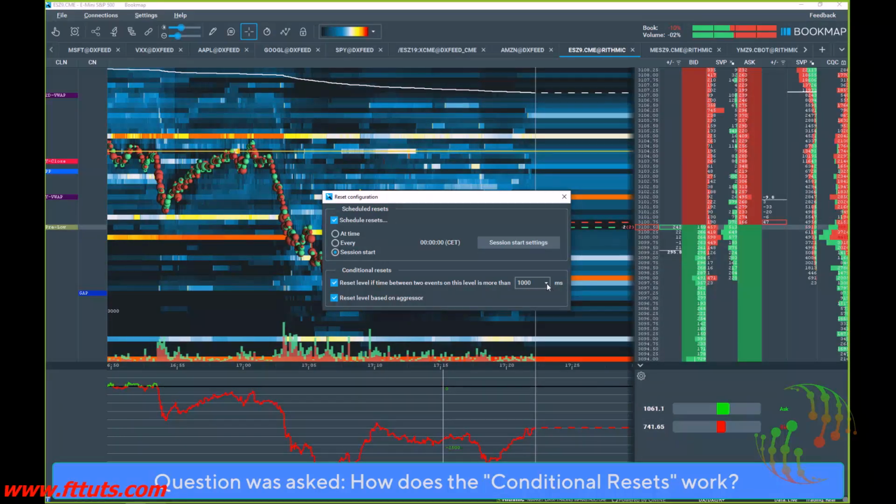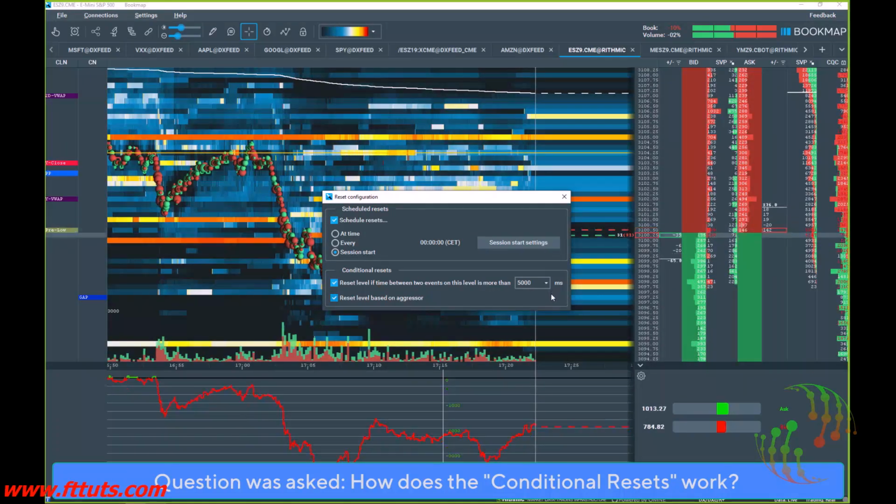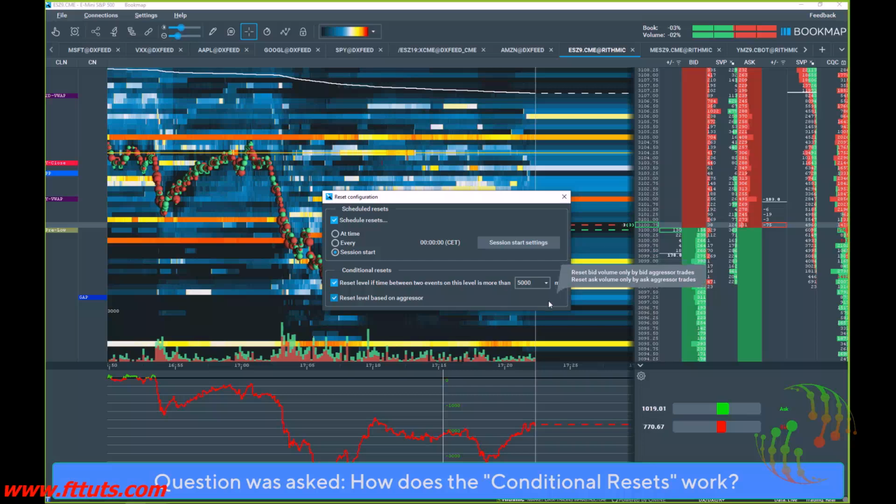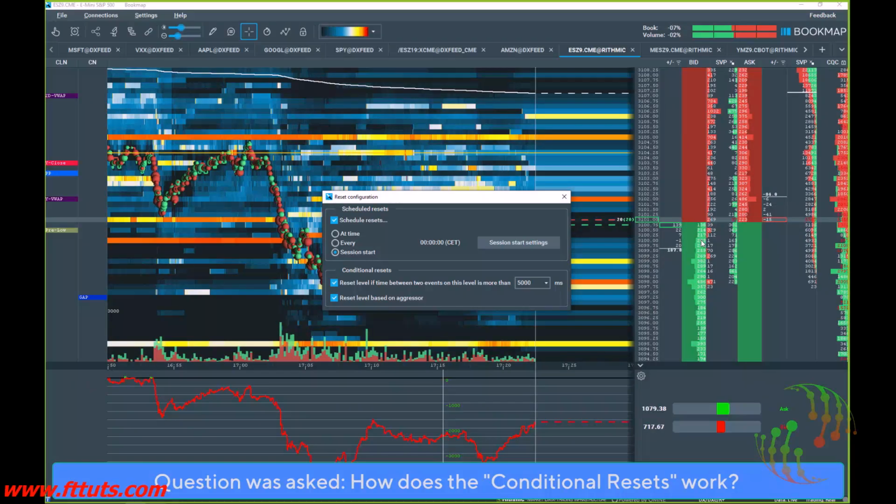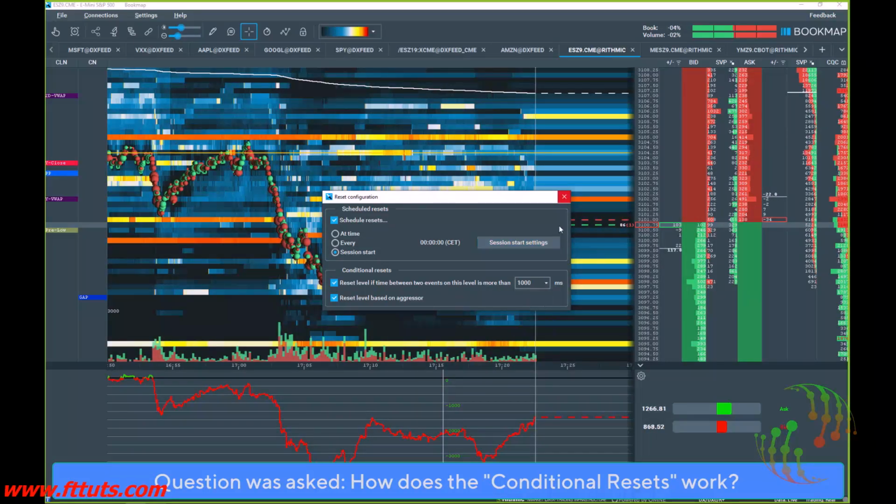When we are talking about the treasuries, I would for sure set this time at least to 5,000 milliseconds. So it depends on the instrument traded, because the treasuries need a lot of time to move. Let me show you the treasury.